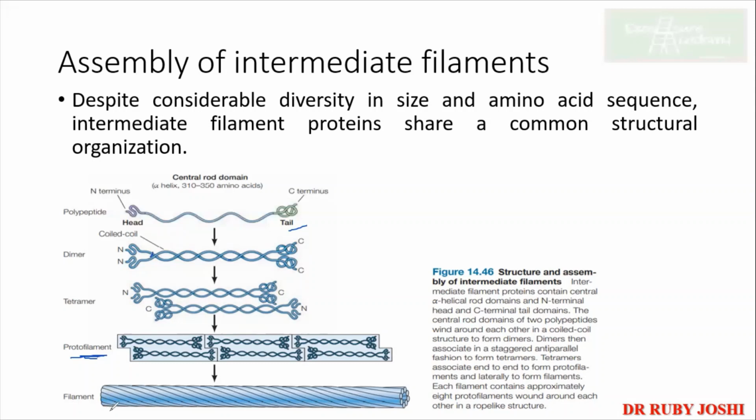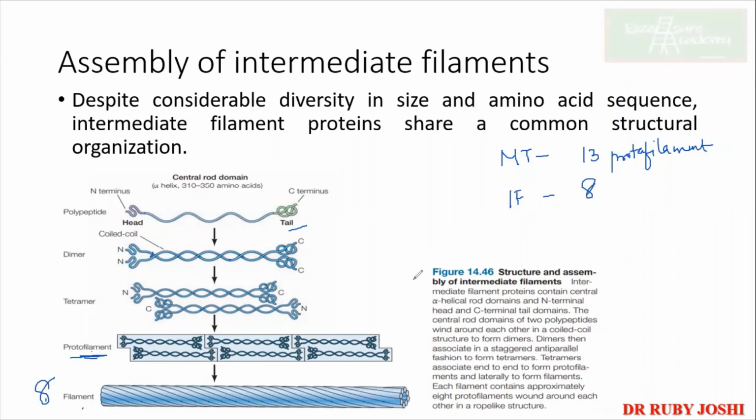At least 8 protofilaments are present in one filament. For example, in the case of microtubules, we know that around 13 protofilaments are required to form one microtubule. In the same way, for intermediate filaments you need at least 8.